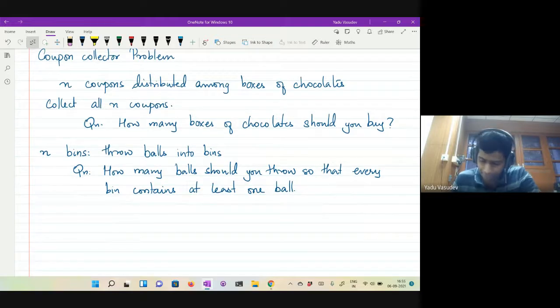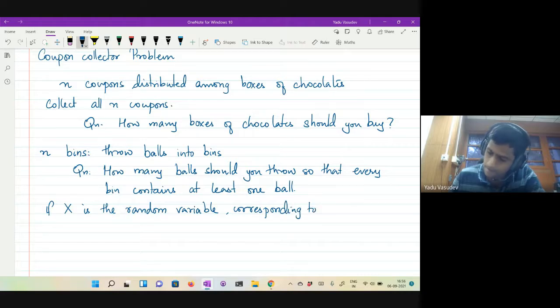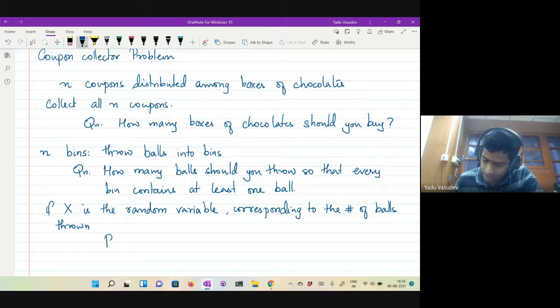And so if x is the random variable corresponding to the number of balls thrown, what we have seen is that the probability that x is greater than n ln n plus cn is at most e to the minus c.